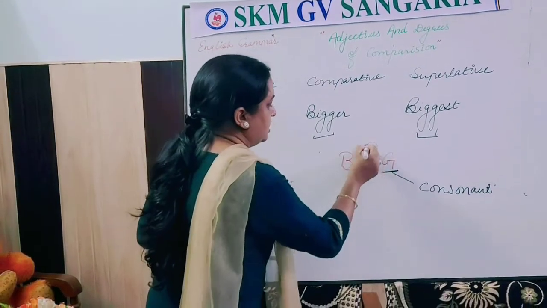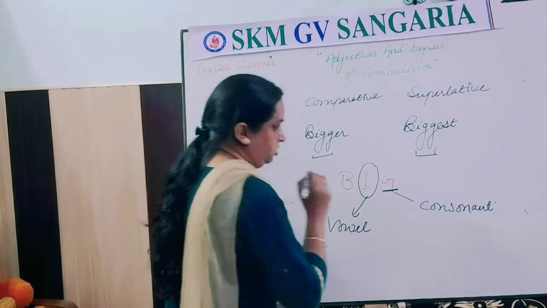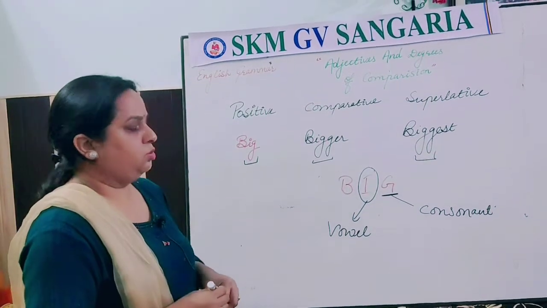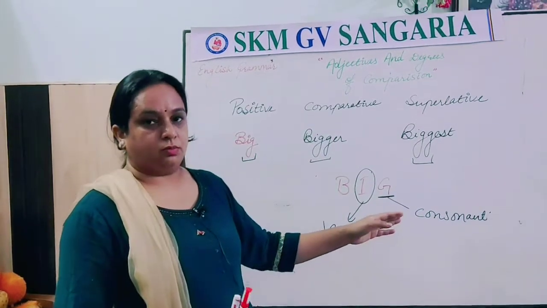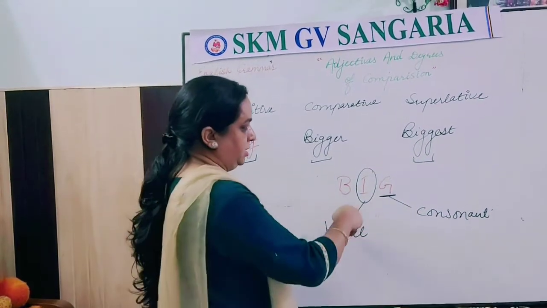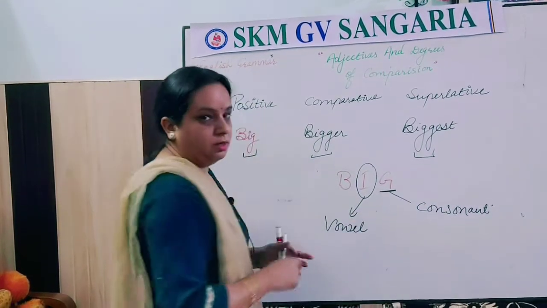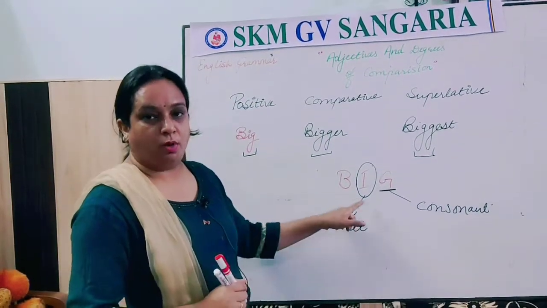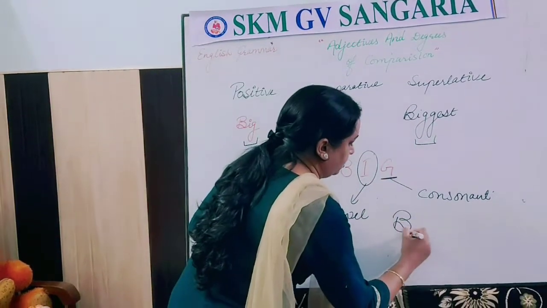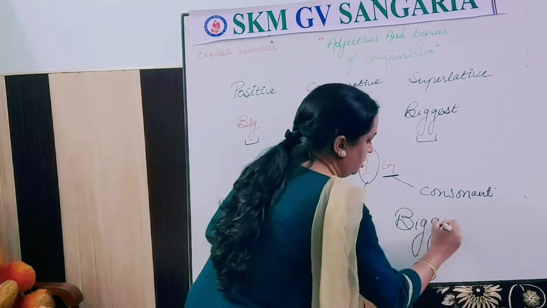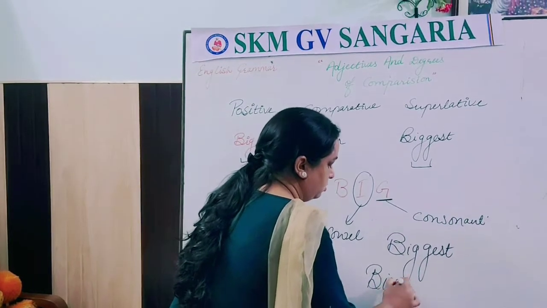The second last letter is a vowel. So you have to keep in mind that when the last letter is a consonant and the letter just before it is a vowel, then the last letter becomes double: biggest, or bigger.